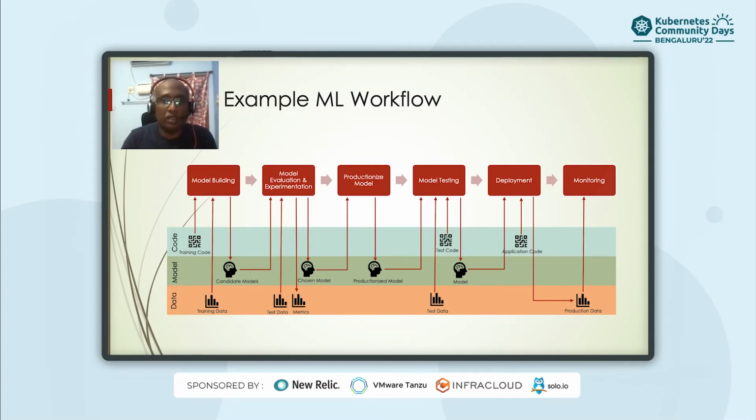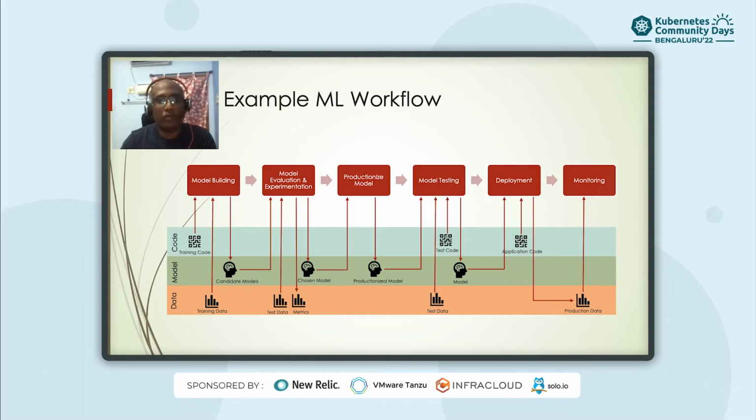So there is a distinct chunk of work that happens in a stage with defined input and defined output, and the next phase actually takes the output of the previous phase and then performs some actions and then delivers an output. So what happens is work gets done in each and every stage and it's a complete workflow, right? So that is what is essentially happening in any typical ML project.